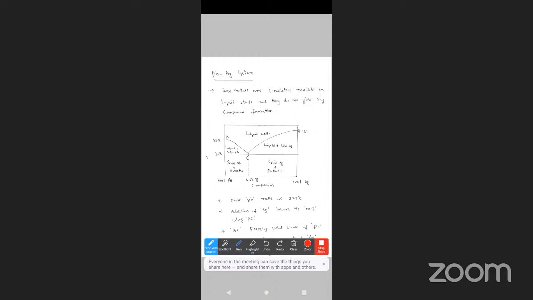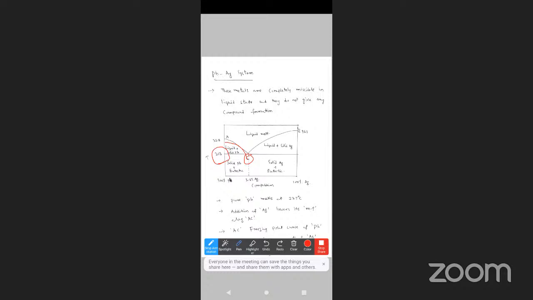Now, on addition of silver to lead, it lowers its melting point along the AC curve. It reaches a lowest temperature of 303 degrees Celsius.